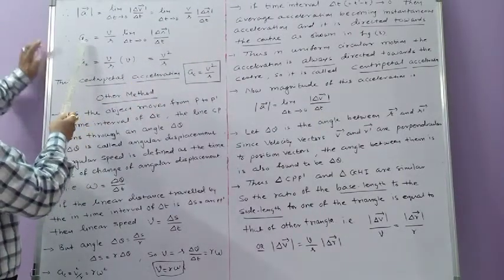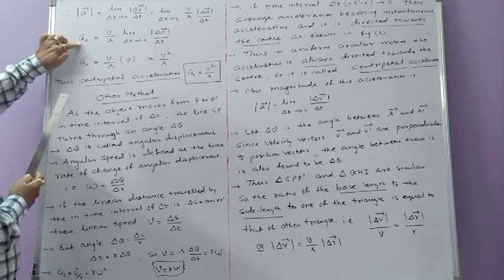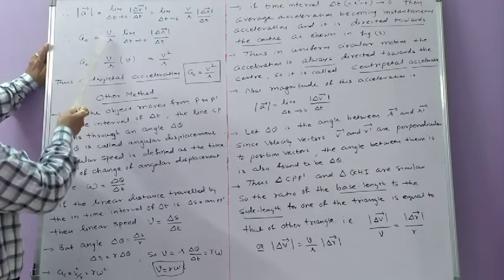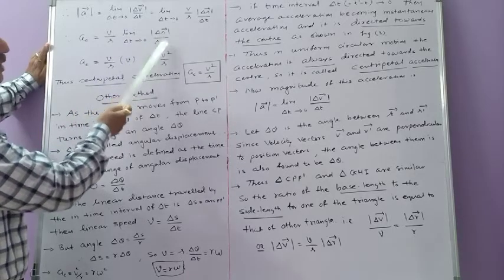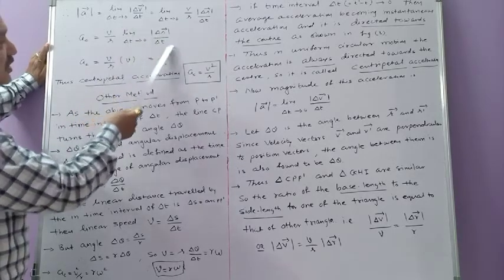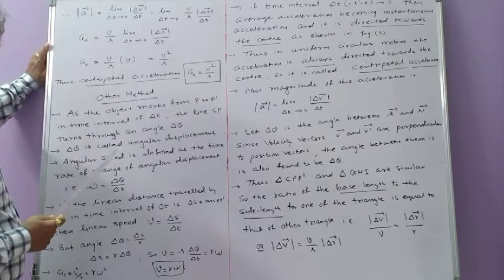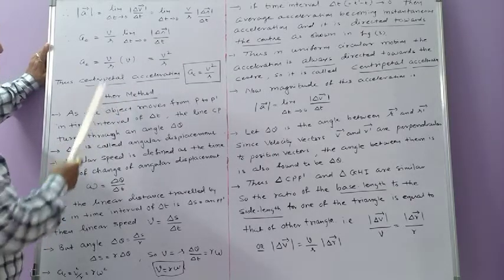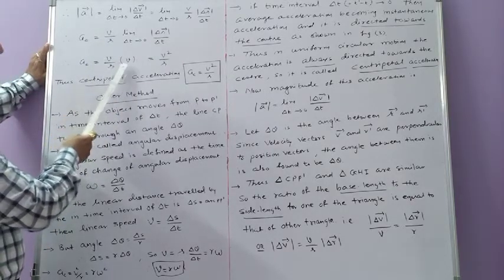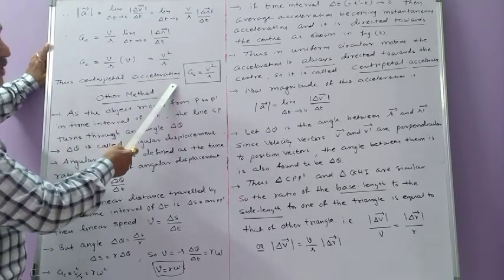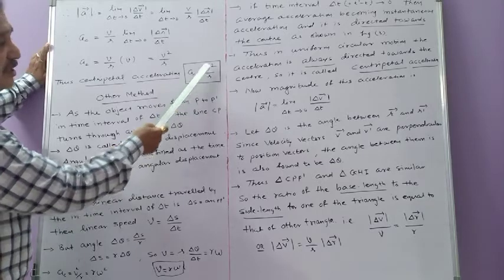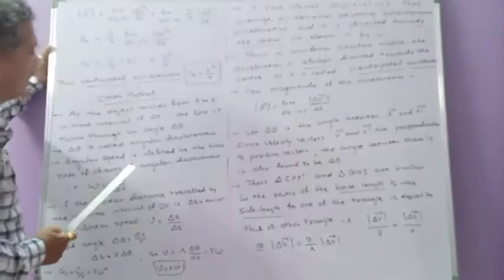Therefore this acceleration, being in the direction of the center, the centripetal acceleration, is equal to v upon r times limit delta t tends to 0 of modulus of delta r upon delta t. But this one is known, as you know, as the magnitude of velocity, that is speed v. So AC is equal to v upon r into v, that is v square upon r. So the centripetal acceleration is always AC equal to v square upon r.